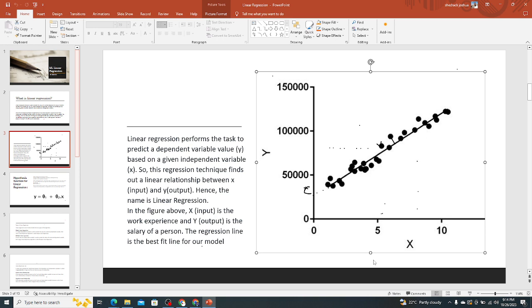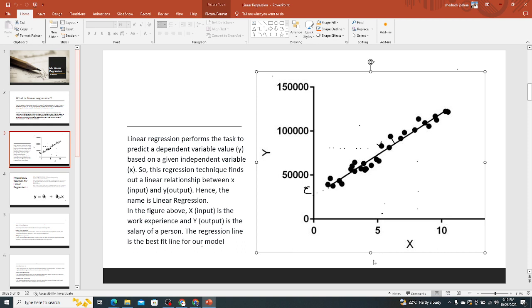So in this figure, work experience is our input or our independent variable, that is X, and Y is the salary of the person. Why is it the salary of the person? Because here our model wants to predict the amount of salary given the number of years of experience. All right. The regression line is the best fit line for our model.